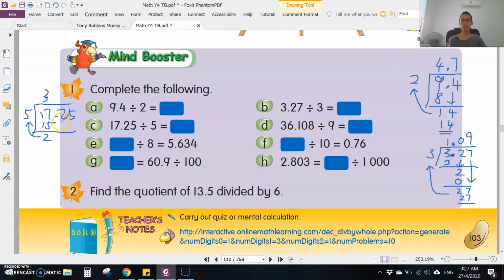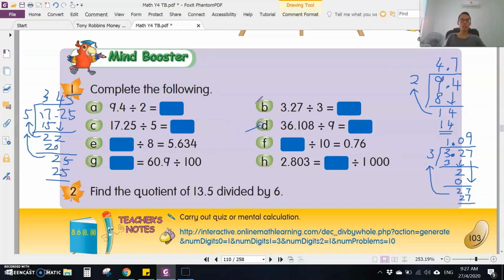Bring down the 2. 4 times 5, 20. Balance is 2. Check. Bring down the 5. 5 times 5, 25. So 17.25 divided by 5, we get 3.45.